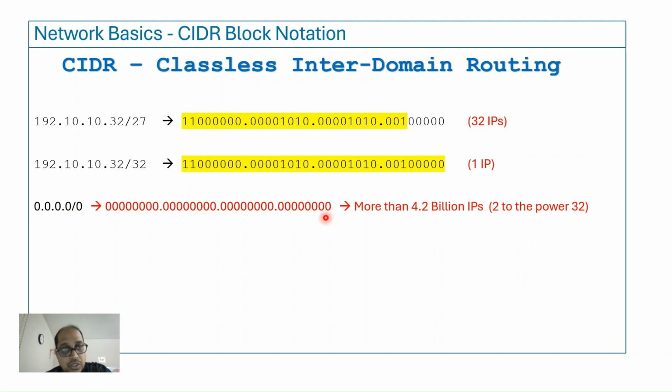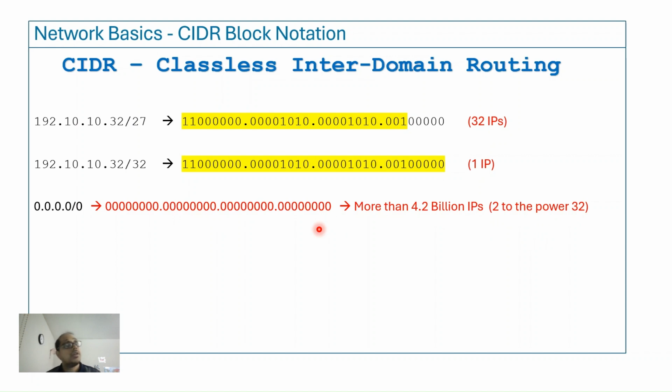Everything is for range. So I can have 2 to the power 32 IP addresses, which is more than 4.2 billion. That's all the IPs available in the world with this 4-octet IP notation.